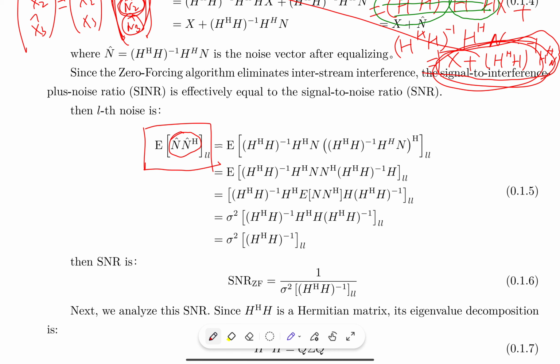We are interested in the diagonal elements, such as the element on the L-th row and L-th column.